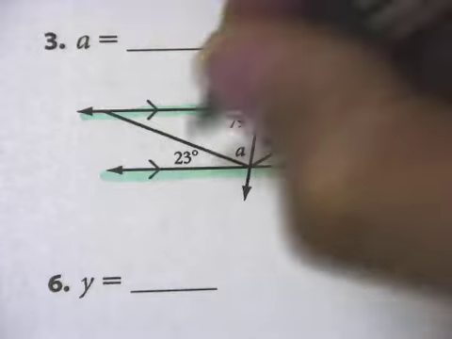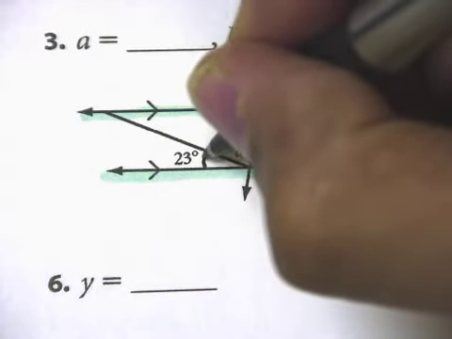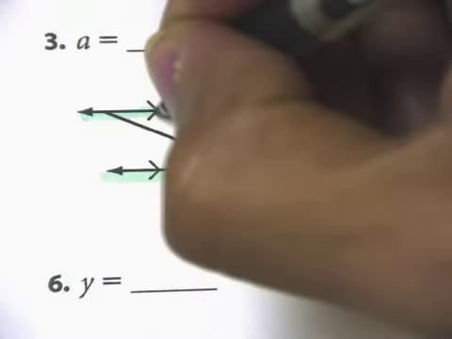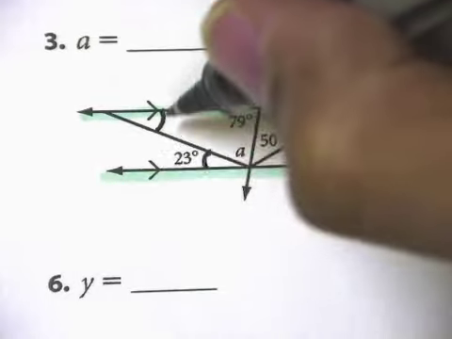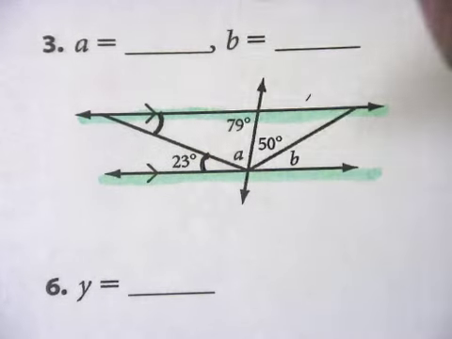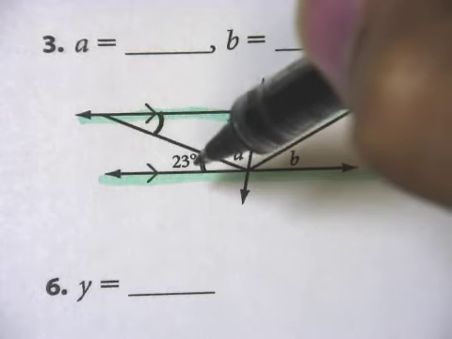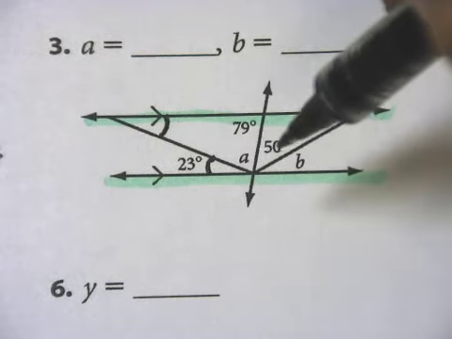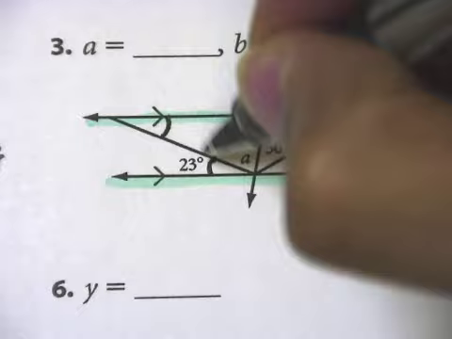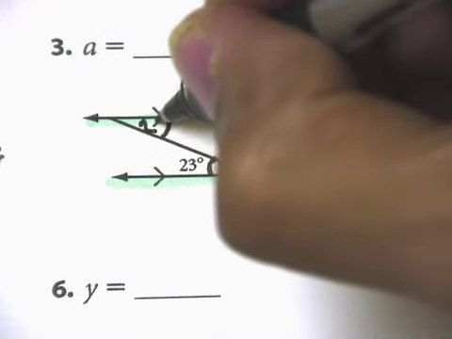Well, if these are parallel lines, and this here is acting as a transversal, well then this angle here, which is 23 degrees, and this angle here are on different sides of the transversal, so they're alternating, and they're in the inside, so they're alternating interior angles, which I hope you remember are congruent.